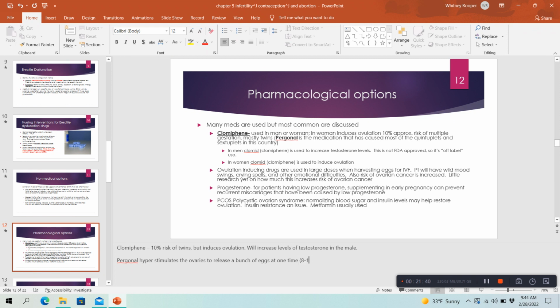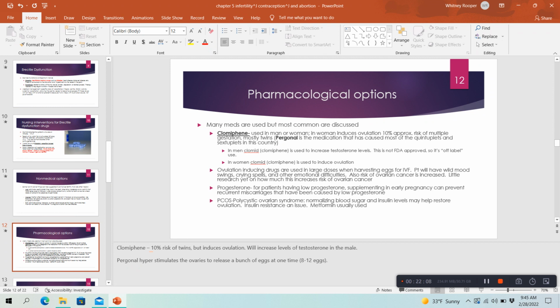Most women are willing to do it because they want babies so badly, but if we increase your hormone levels that much, like these drugs do, it causes wild mood swings, crying spells, emotional issues. It also increases the risk of ovarian cancer. We're putting the ovaries on overdrive. That's what we're doing. So we're trying to get the ovaries to release a bunch of eggs, and so it puts them on overdrive and will increase the risk of ovarian cancer.